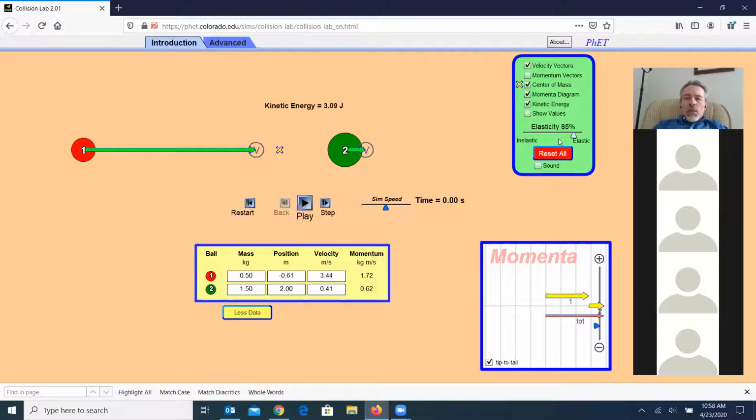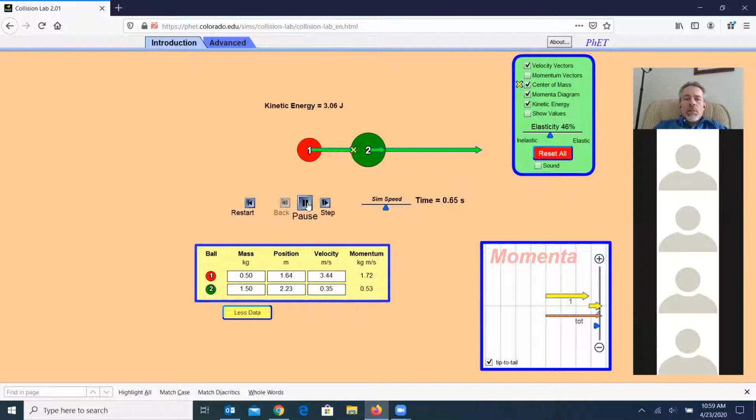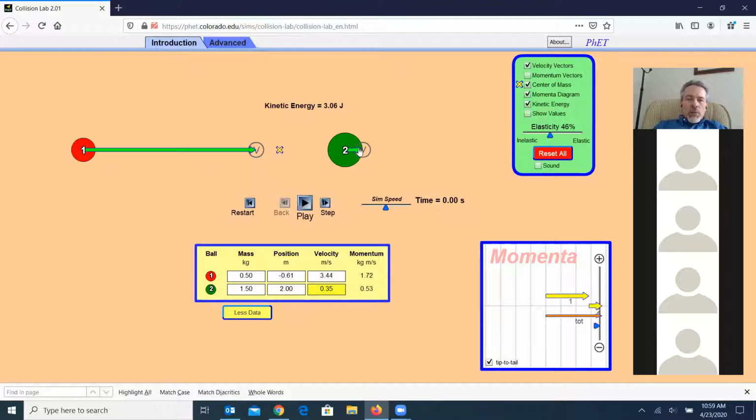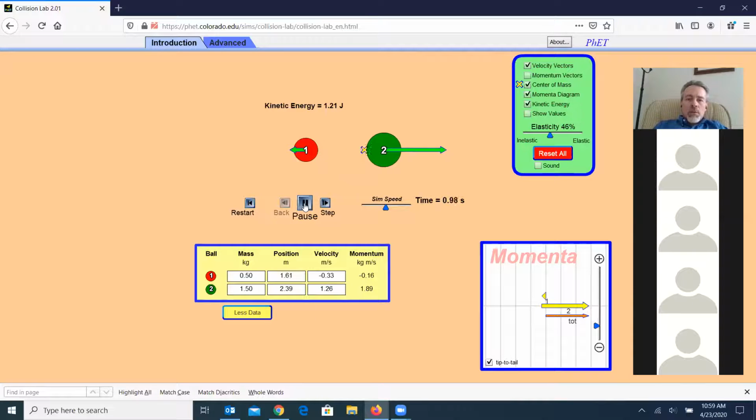You had to do at least 2 of the inelastic. The inelastic is anywhere in between, but not at the extremes. So you can have them go in the same direction, like that. You could have them going in opposite directions. Maybe this one's not even moving at all, and inelastic. So lots of different things you could do.